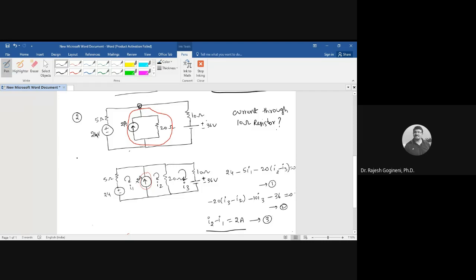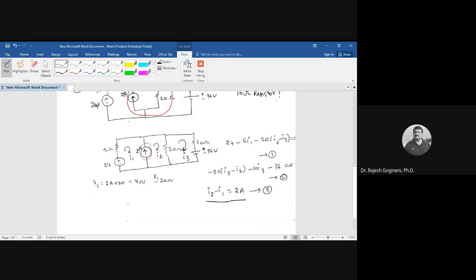To apply the source transformation, the voltage source value is Vs = Is times R, that is 2 amperes times 20 ohms, which is 40 volts, in series with a 20 ohm resistor. This is Rs. So we can redraw the circuit.